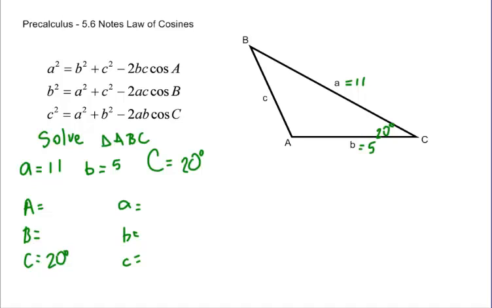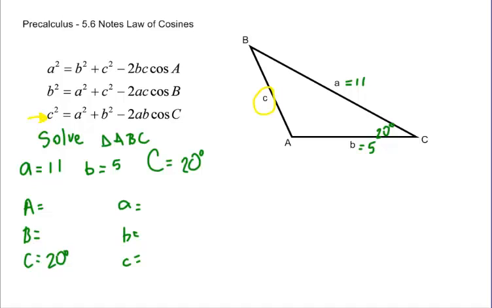The side we're missing is side C. So let's use this formula right here. He would be the easiest one for us to use.